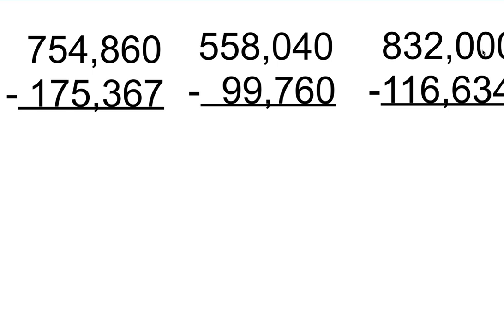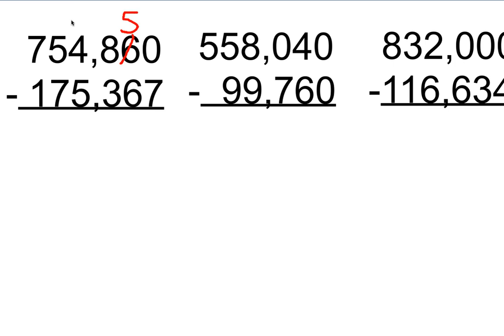Again, we're still regrouping, taking it one place at a time. So first, remember that we always still start at the ones place. So if I have 0, I cannot take 7 because I have nothing. So I have 0 ones, but I want to take 7 ones away. I cannot do that. So I go to the 6 and I'm going to take 1 ten away, and that is a 5.